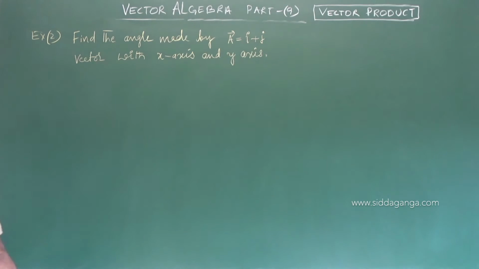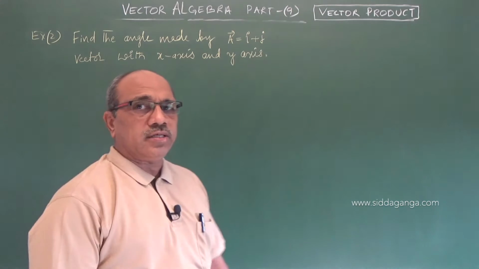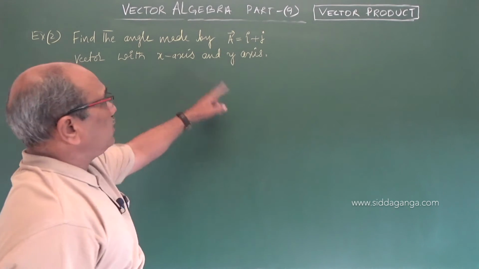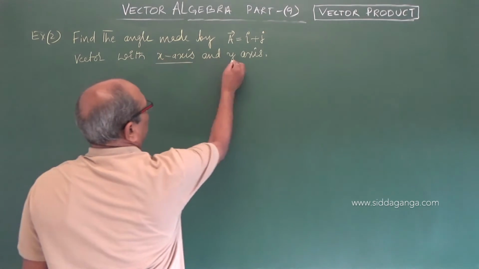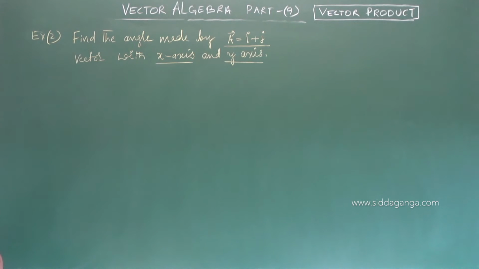The question is on that. We have to find the angle made by the given vector, i plus j, along x and along the y-axis. This is the given vector. What angle this vector is making has to be found.